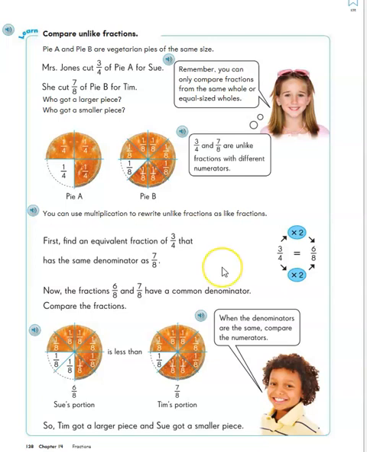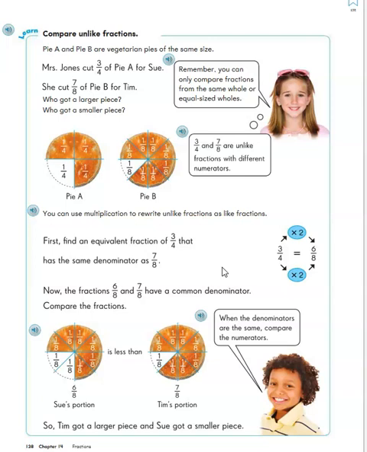So basically, we're going to take the two unlike fractions and turn them into like fractions so that they're easier to compare. And remember, like fractions are fractions that have the same denominator. So our goal when we see unlike fractions with different numerators and different denominators is to get them to where they have the same denominator.